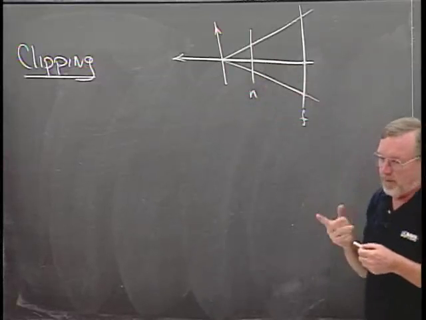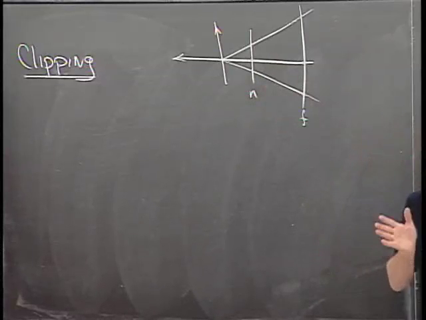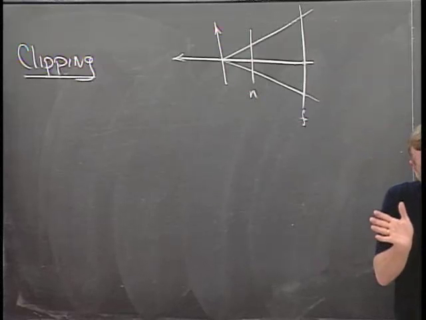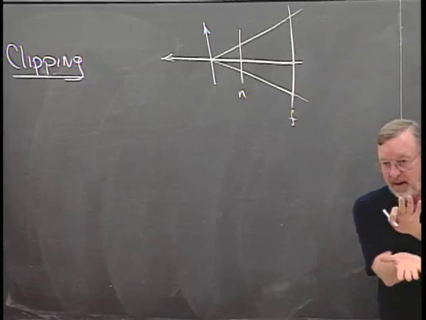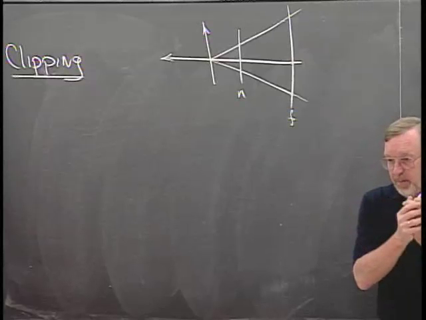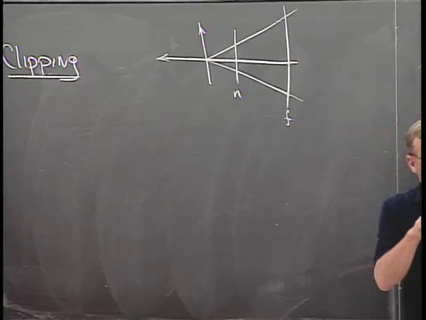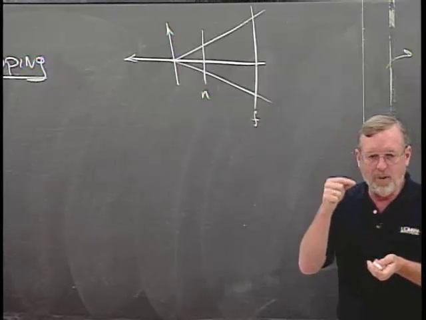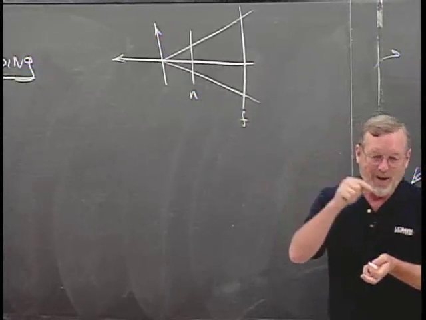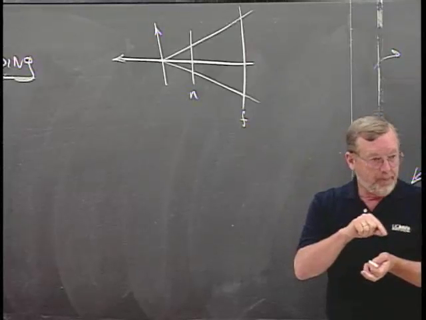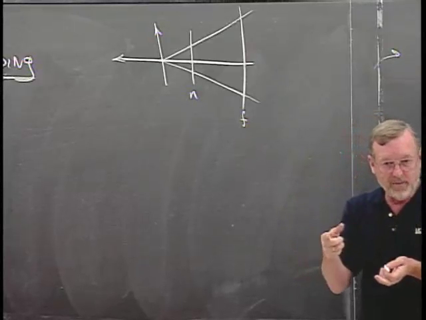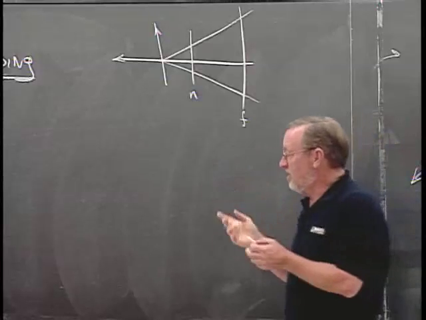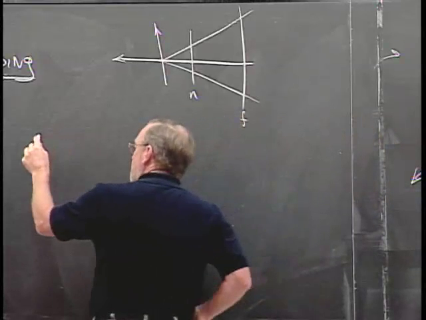The truncated pyramid is bounded by 6 planes. And what I'm going to do is a clipping step that shows you whether a point is inside a plane or outside a plane. Then we're going to do this several times, and I'll show you how it goes. So here's a clipping step.